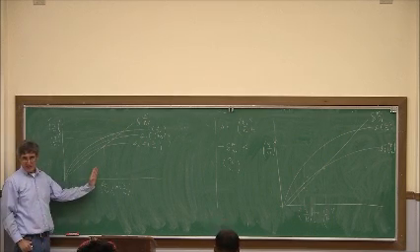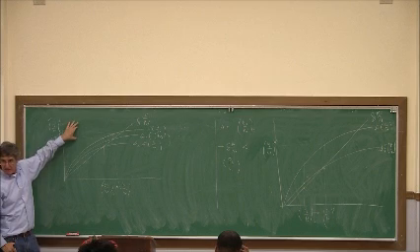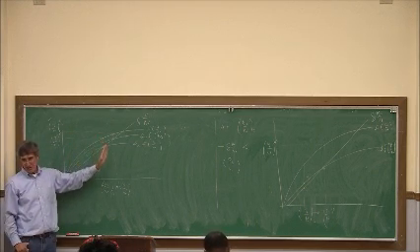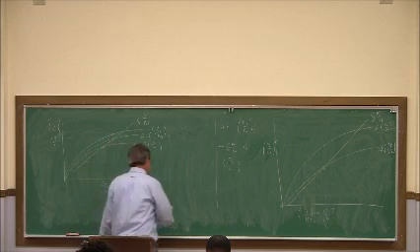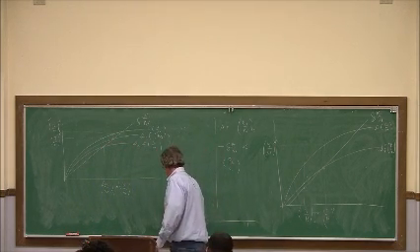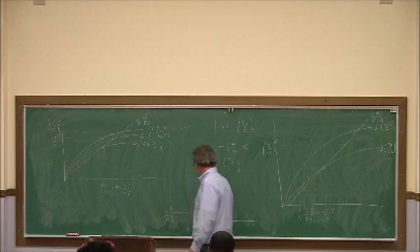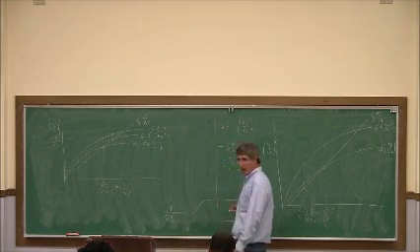So an increase in the savings rate will cause you to grow for a while, but not forever. You'll eventually hit a new steady state. If you were just tracking y over n over time, here's y over n. The saving rate goes up, it would rise up to a new level, and then it would level off again.